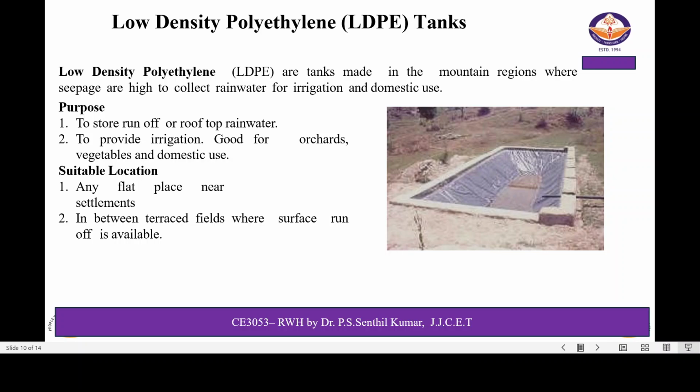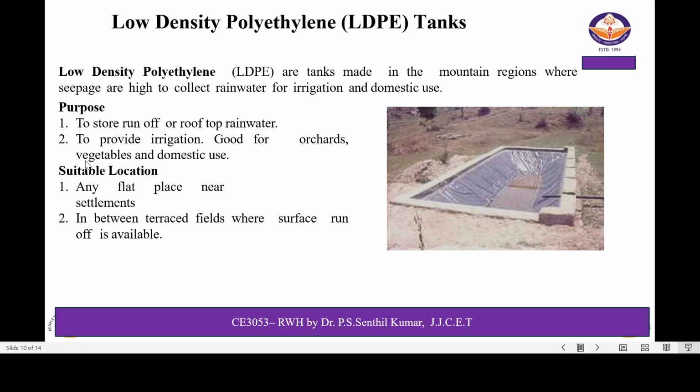Next, LDPE. What is meant by LDPE? Full form, low density polyethylene tanks. LDPE tanks are made in the mountain regions where seepage is high, to collect rainwater for irrigation and domestic use. What are the purposes? First one is to store runoff or rooftop rainwater.